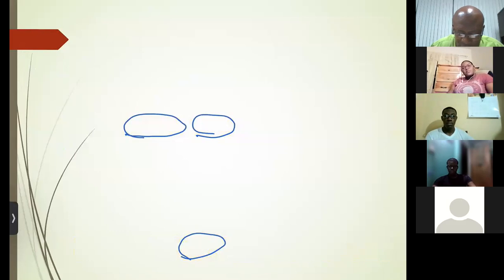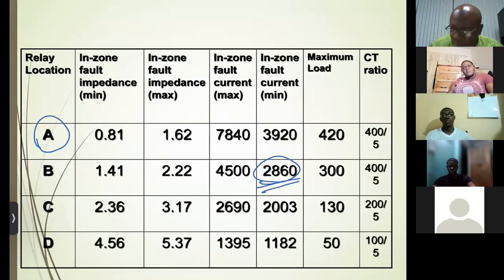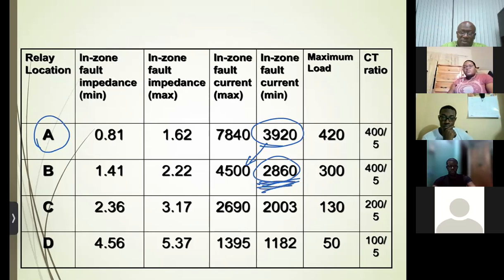If I didn't do that, students, look at what would happen. If I were to set A based on 3920, you realize how close 3920 is to the maximum fault at B? So if I had put it at 3920, B could have been experiencing a fault at 2860, or 3000, for example.